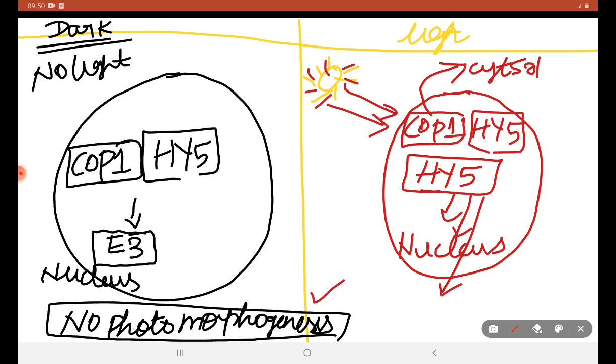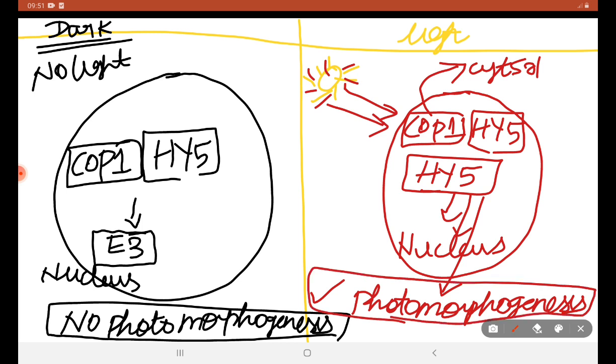We have photomorphogenesis. This is the whole idea of signaling. For this movement, we don't need a nuclear localization signal in the case of PHYA.